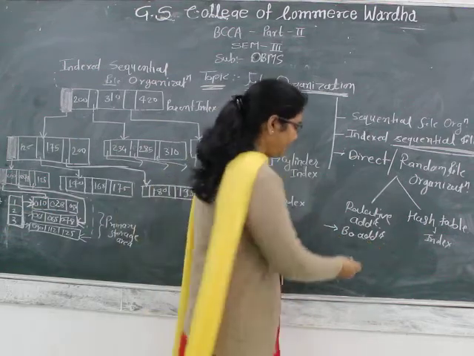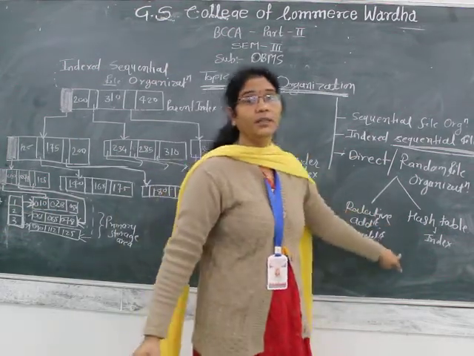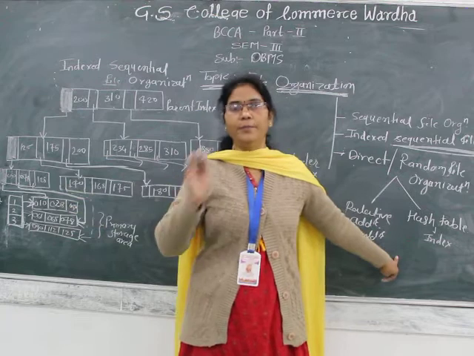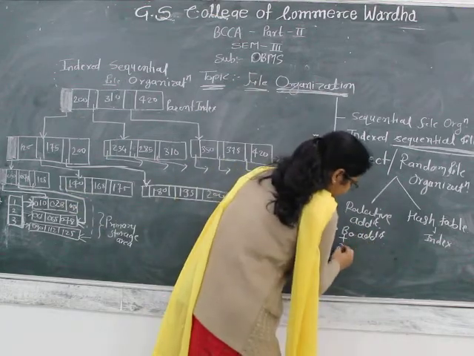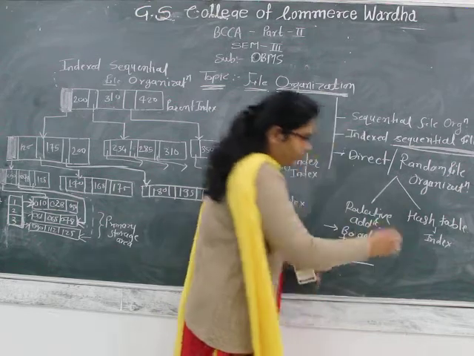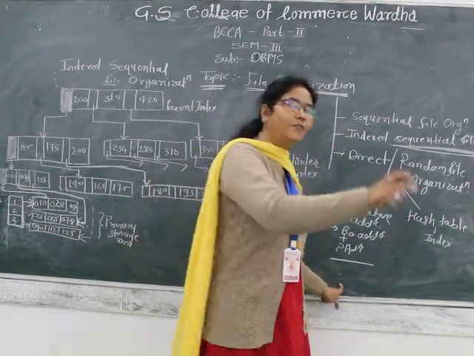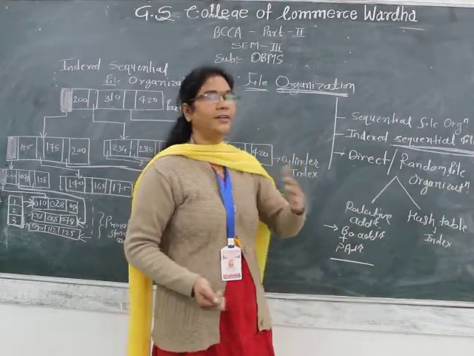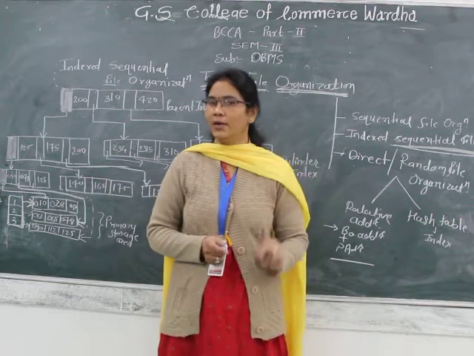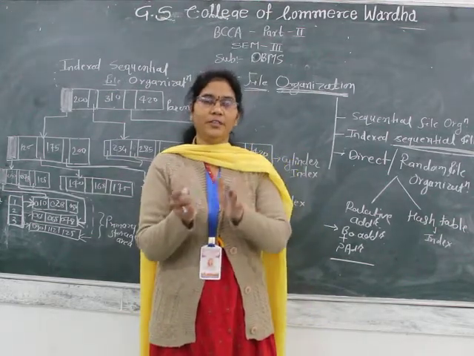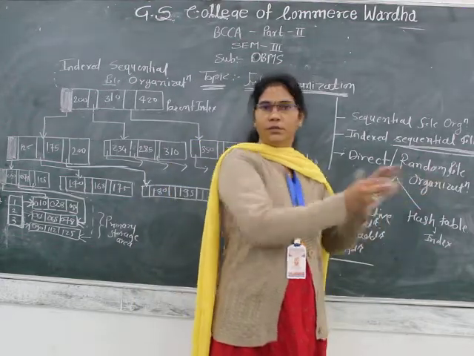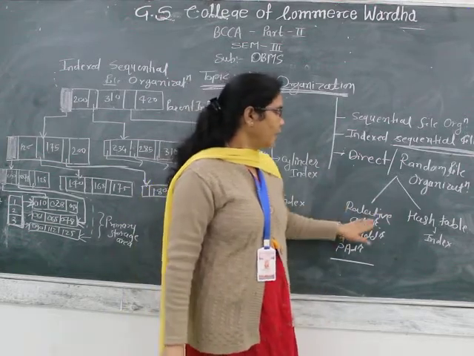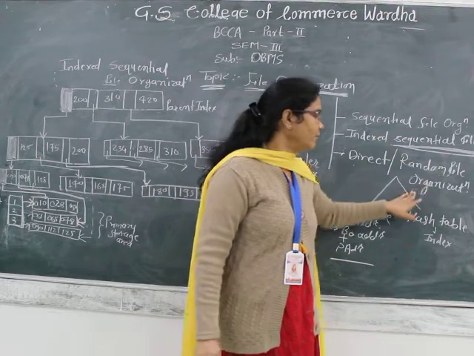So the user gives the base address, and then the exact physical address of that data is calculated in the secondary memory location, so we fetch our data directly. We maintain only one entity or one table which has the base address of that file. So it is the relative address direct or random file organization.